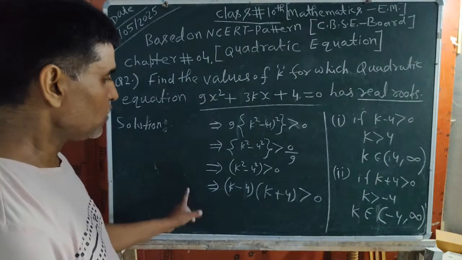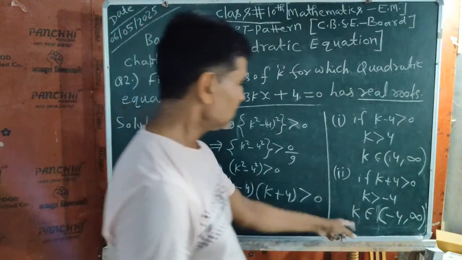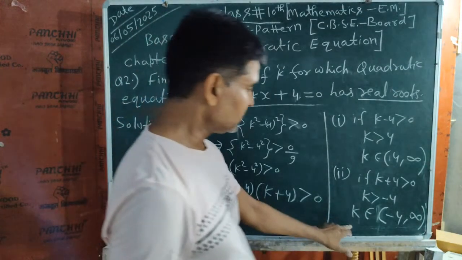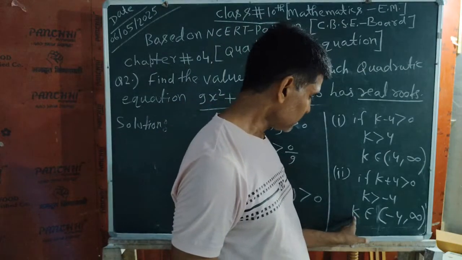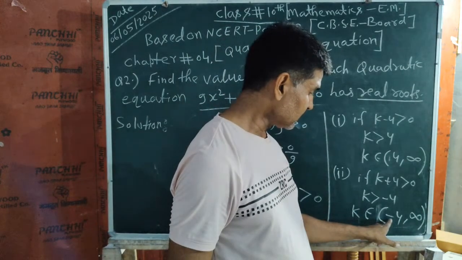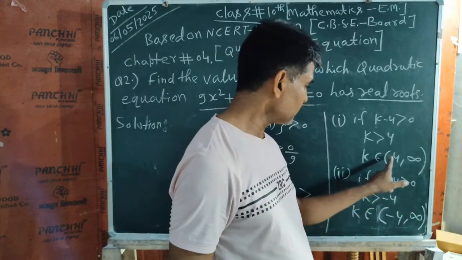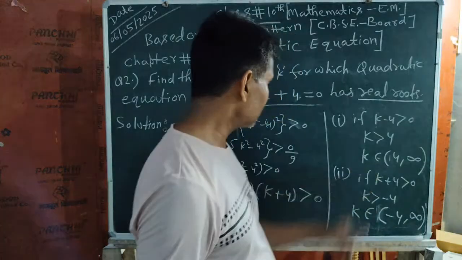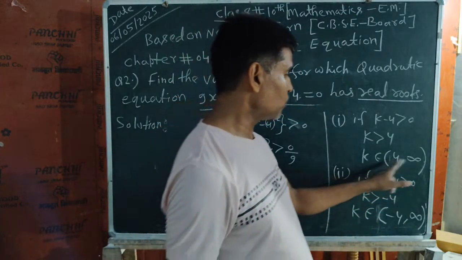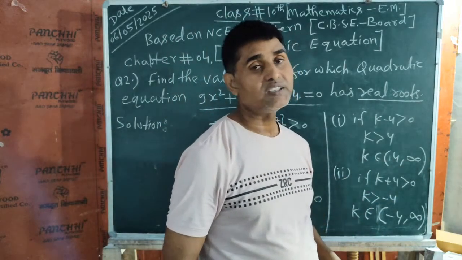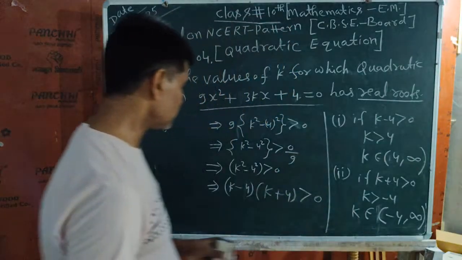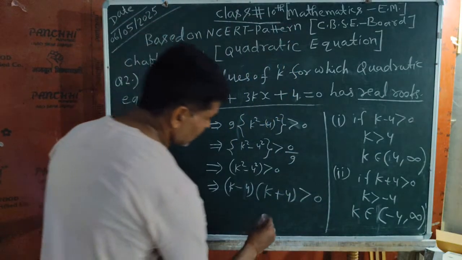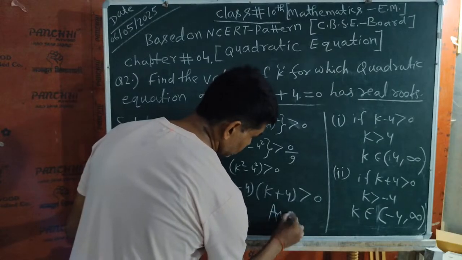So according to this way I will say its value is coming like this. The value of k is from minus 4 to infinity, and here the value of k is from 4 to infinity. So I will take its intersection, that will be 4 to infinity. So this is the answer of the given question.